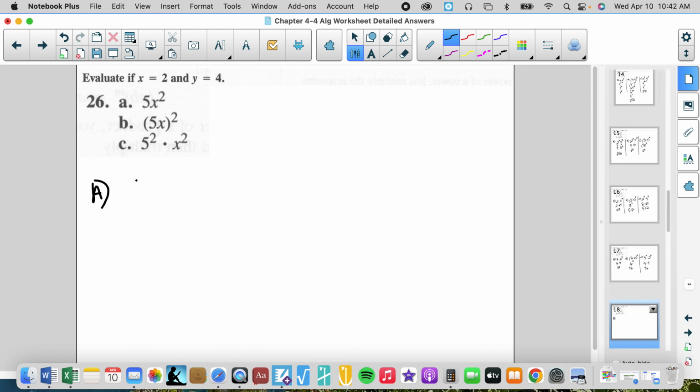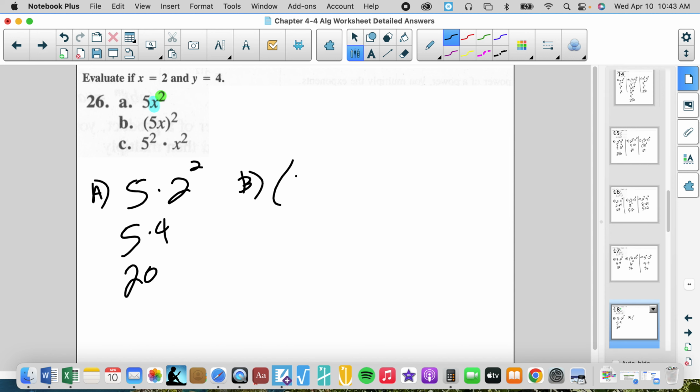A is going to be 5 times 2 to the second. The base of this exponent is only the x. That's the only thing that's being squared. So we don't square 5, so we have to do exponents. So that's 5 times 4, which is 20.